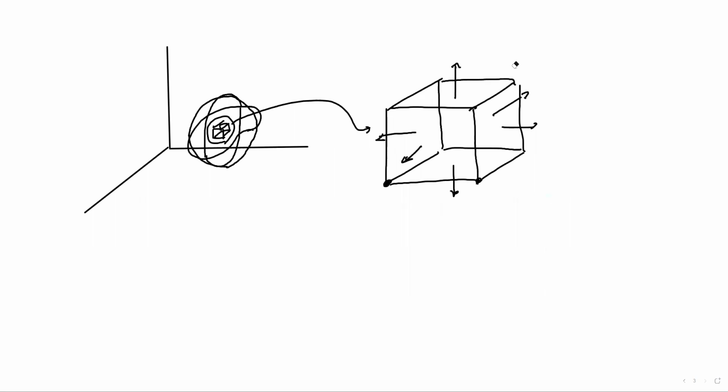This point back here is x sub i, y sub j, z sub k. And then this point is the one where you're adding the change in x, so x sub i plus change in x, y sub j, z sub k, and so on. You can go through and figure out the rest.